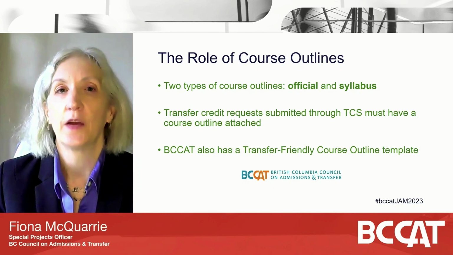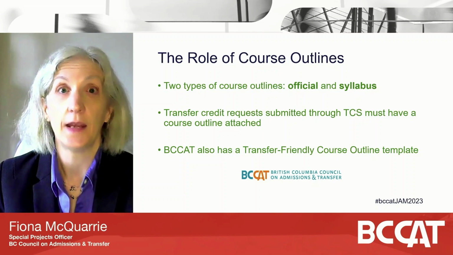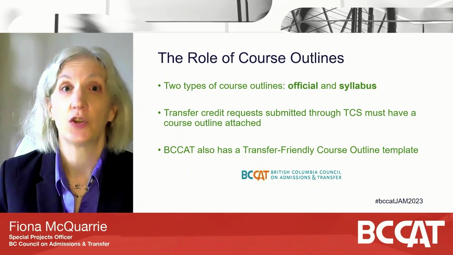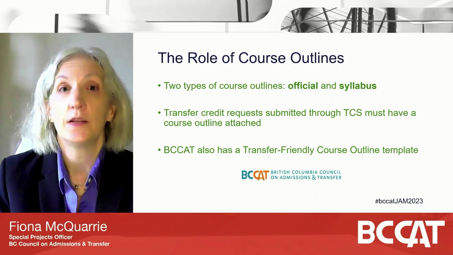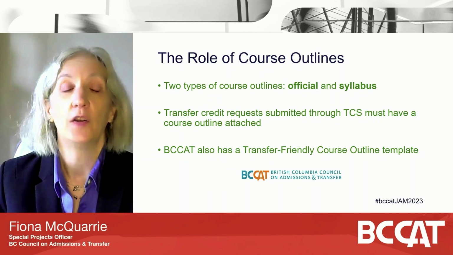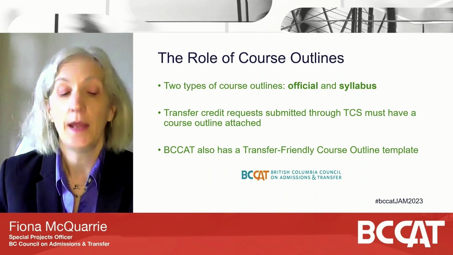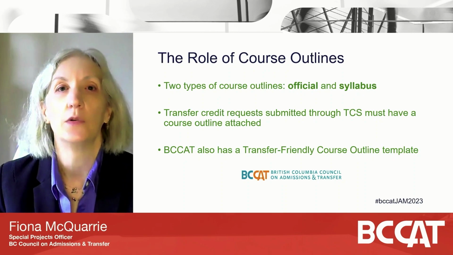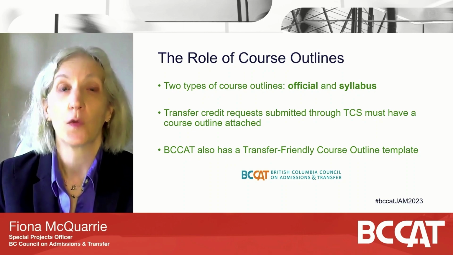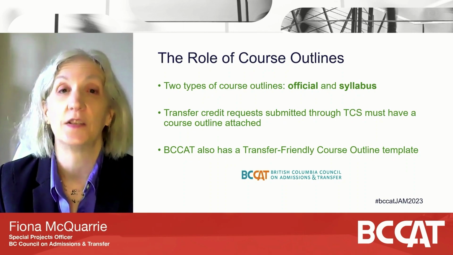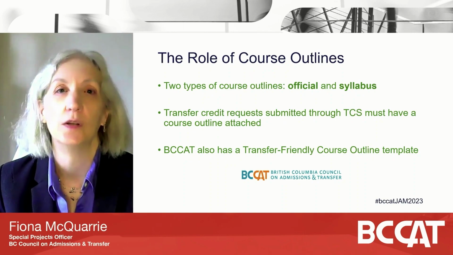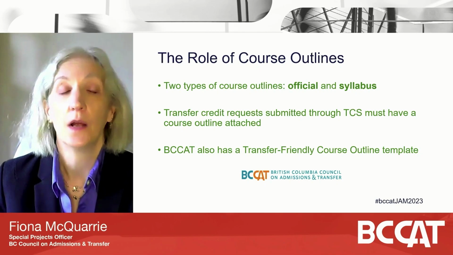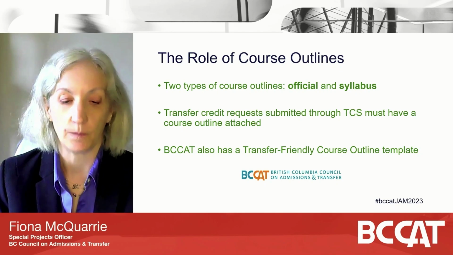The syllabus, on the other hand, is the document that is distributed in class each time the course is taught. It's usually created by the faculty member who's teaching that class. It includes some elements from the official course outline, but it also includes specific information for that section of the course, such as the instructor's contact information, due dates for assignments, those sorts of information.